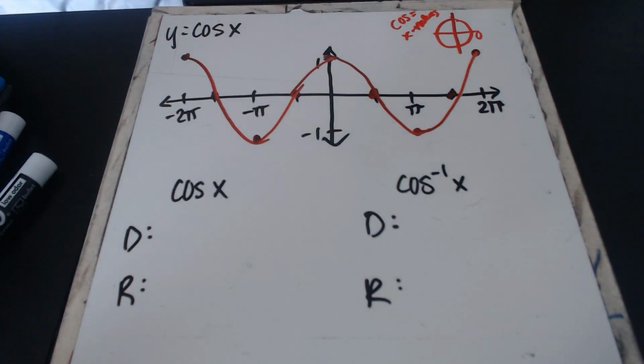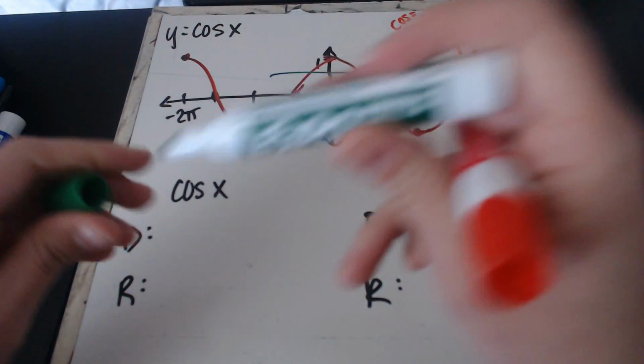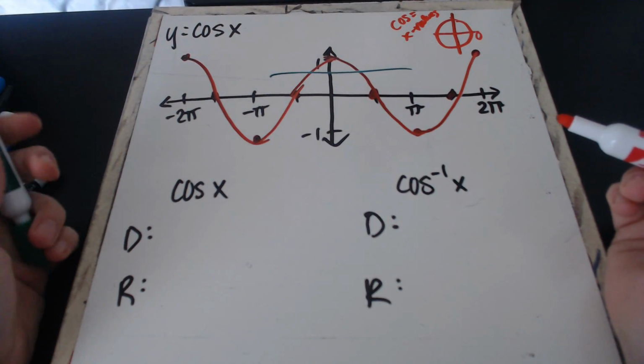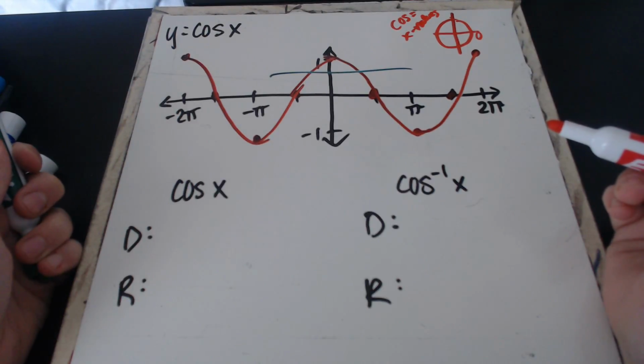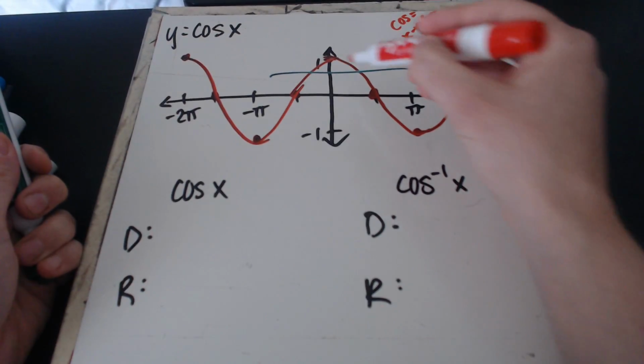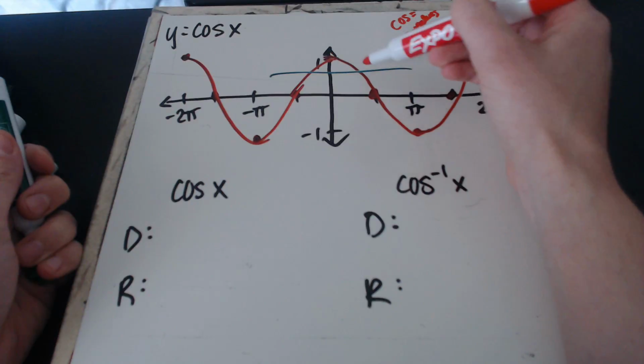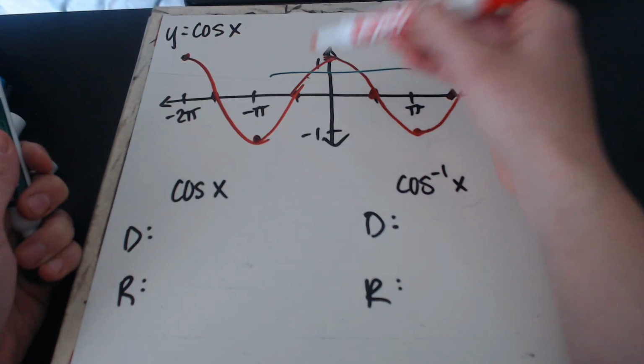Now, again, I have to think about this like I did with sine. If I were to draw a horizontal line through this graph, it's going to fail, meaning it's not invertible. So what I have to do is restrict the domain to make it invertible. For cosine, if I look at this part of my graph, this point right here is where I'm okay. This is the part where I fail.